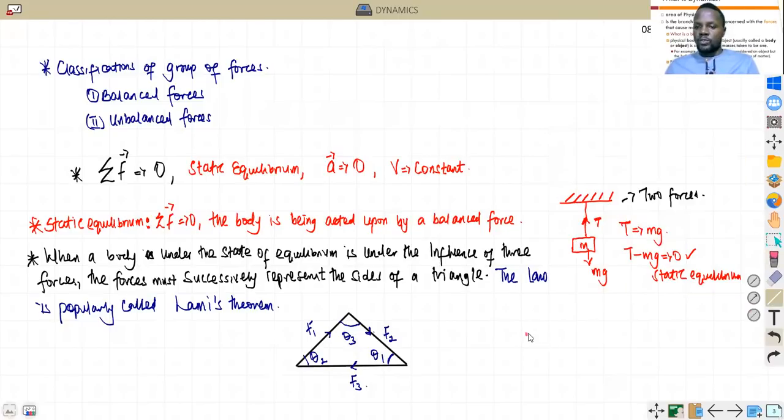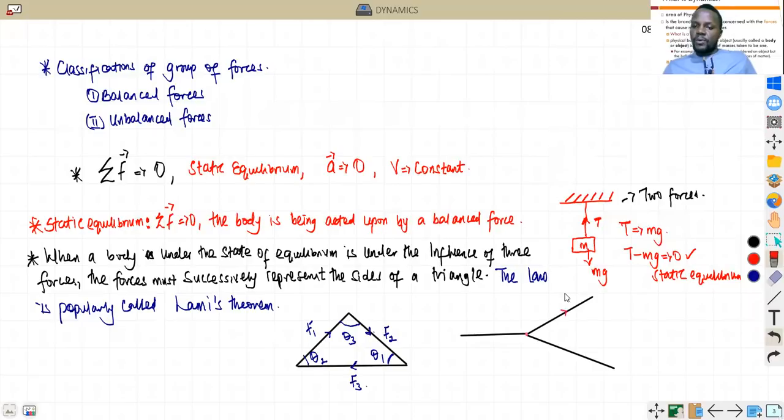The first force, which we resolve into components, is this. The direction of F1 is going like this, and the direction of F2 is going like this. Diagram not drawn to scale. And F3 is the resultant force, which is balancing that. This is what we talk about when we talk about Lami's theorem.